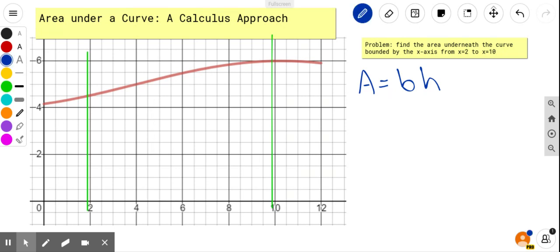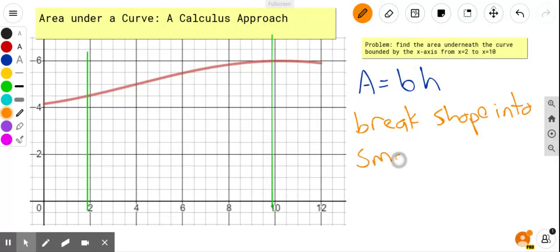What I can do, though, is try to break this up into smaller and smaller rectangles, right? So my goal is to do this. Break the shape up into small rectangles and add them up.